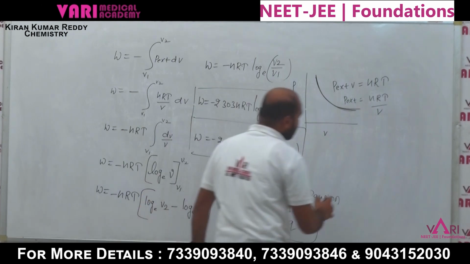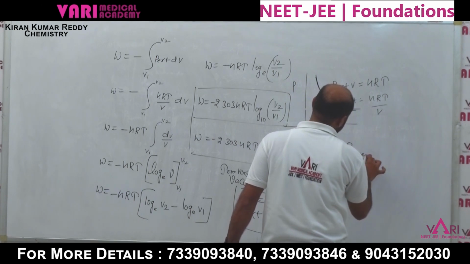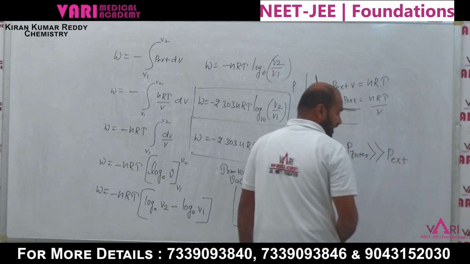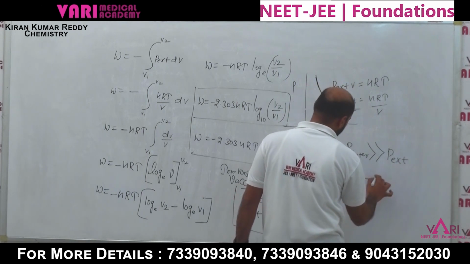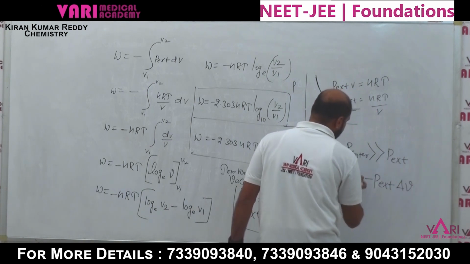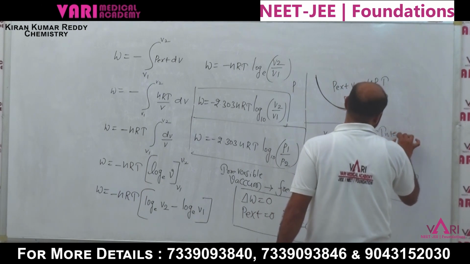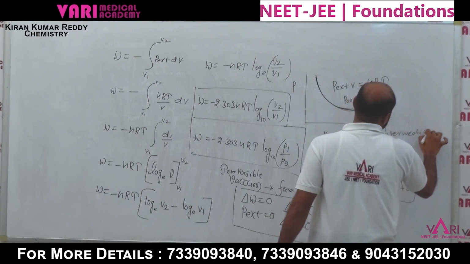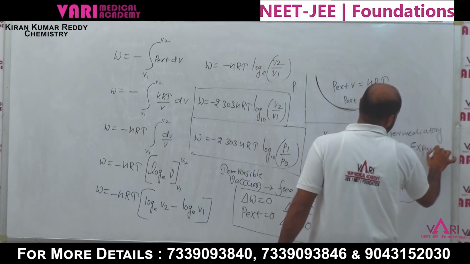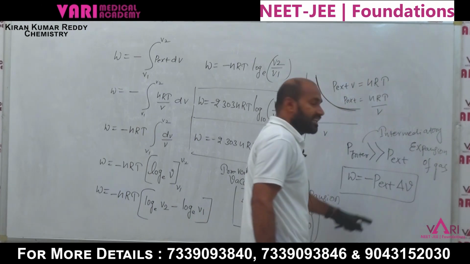And intermediate expansion means P internal is greater than P external. In this condition, W is equal to minus P external delta V. This is intermediate expansion of gas. Use this formula for intermediate expansion.